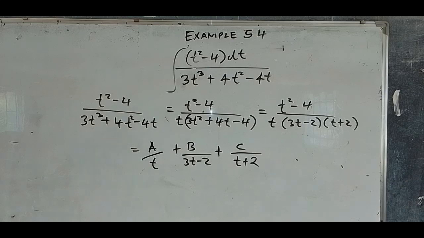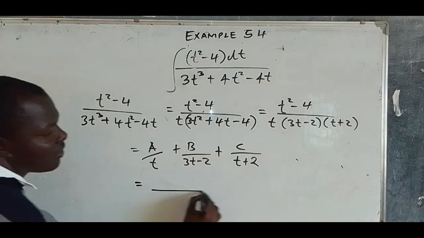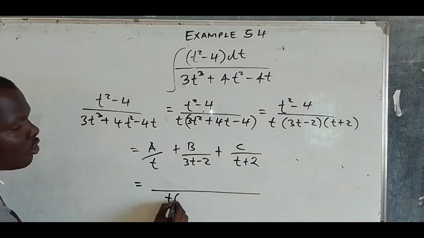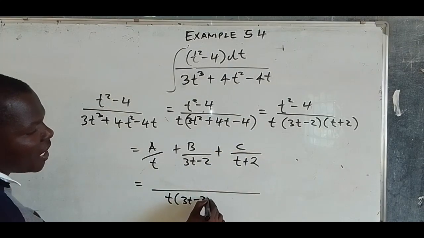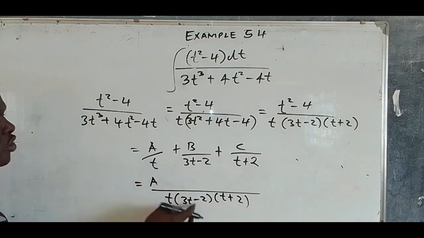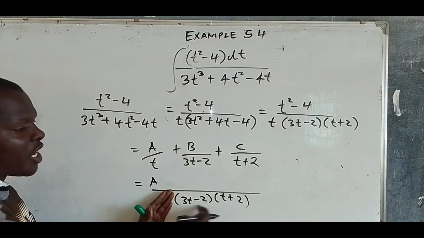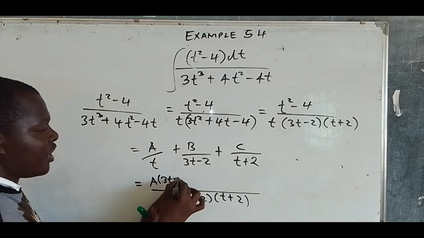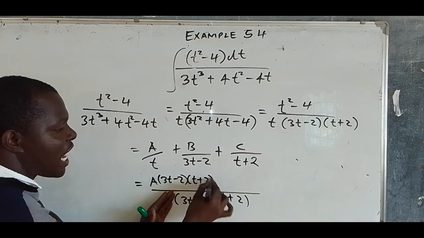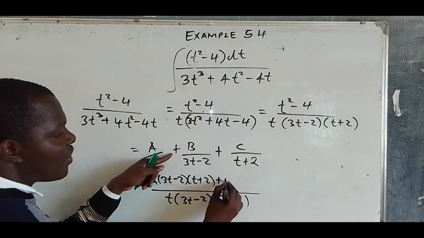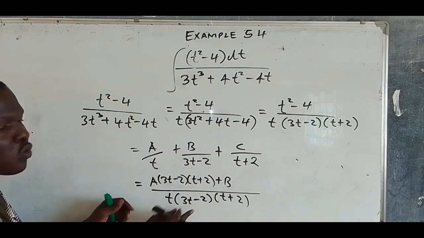So the next step, LCM. The LCM is what you have there, which is t into 3t minus 2 into t plus 2. You start with A: t goes here how many times? When you block t, you remain with 3t minus 2 times t plus 2. Then plus B: 3t minus 2 goes how many times?